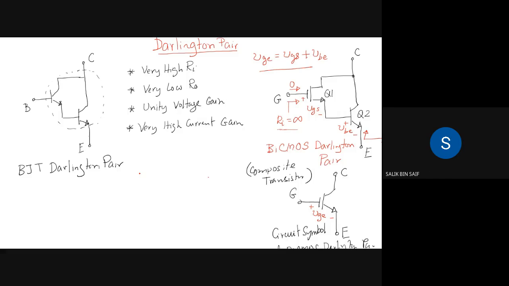Low output resistance. Why? Because we're looking from the emitter side and we have only R pi resistance. From emitter side, but don't we have resistance here, from emitter to base? That is R pi.